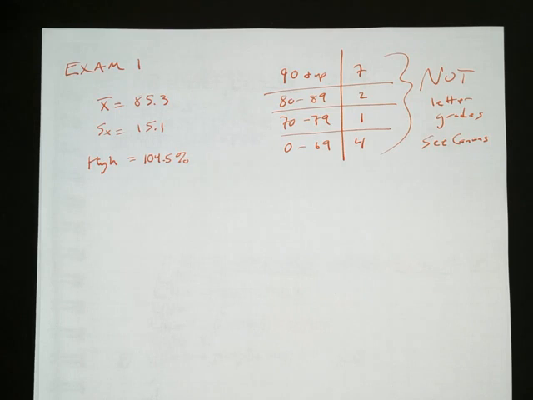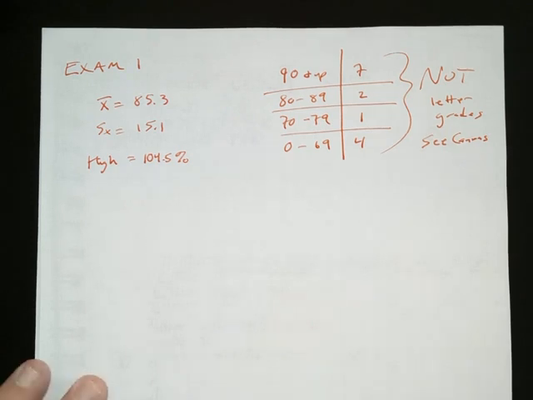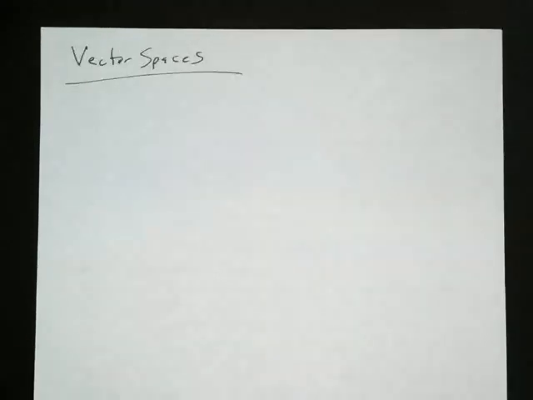A lot of what we do in linear algebra revolves around working with matrices and vectors. But what I really want to do is abstract those ideas a little bit. I like working in Rn. It's easy.